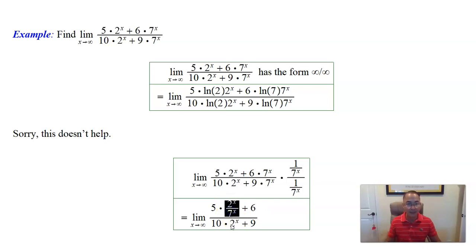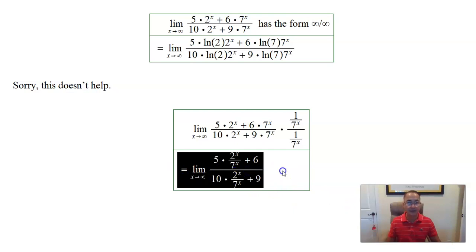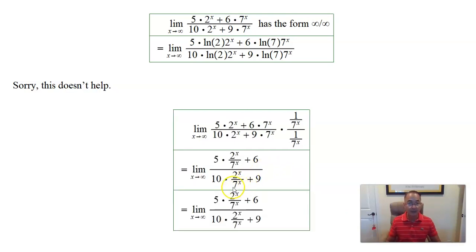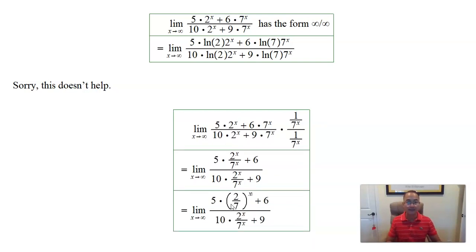That's what happens in our first terms. And of course, we know the properties of exponential functions. When you have the same exponent but two different bases, and we're dividing, you can take the quotient of the bases, 2 over 7, raised to the x.